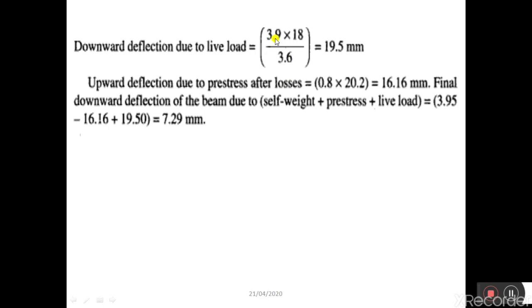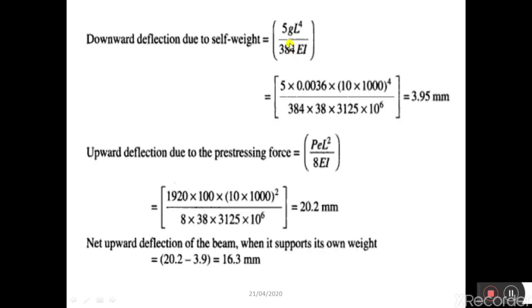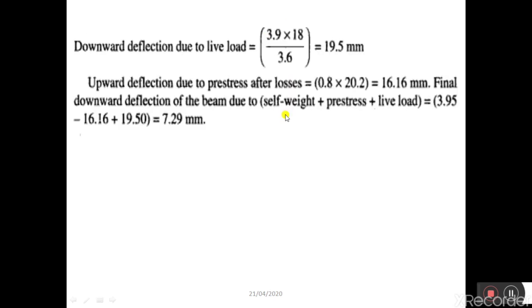Then what will be the deflection if the UDL is 18 kilonewton per meter? Then the deflection is 19.5 mm. If it is difficult to remember this condition, we can also use the same formula to calculate the deflection due to live load when it is a UDL.